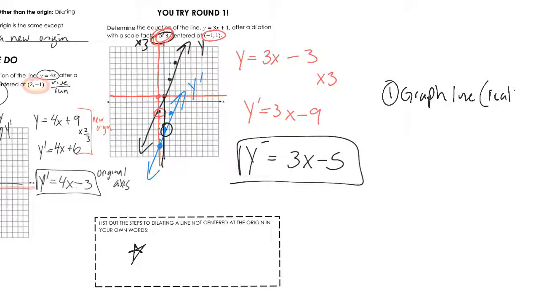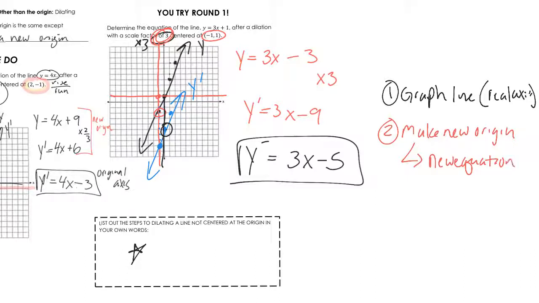When we make that new origin, wherever the point is, we get a new equation because we get a new y-intercept. Step 3 is when we dilate and graph. After we dilate it and graph the line, the fourth step, we go back to the original axis to get that final equation.